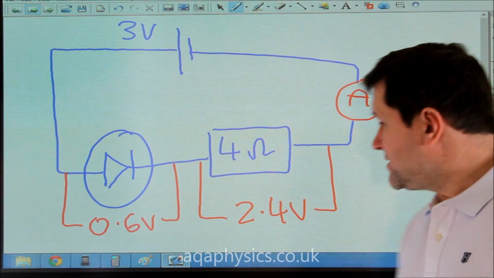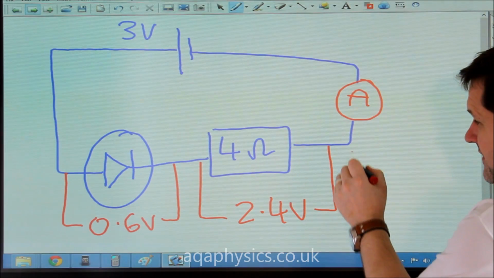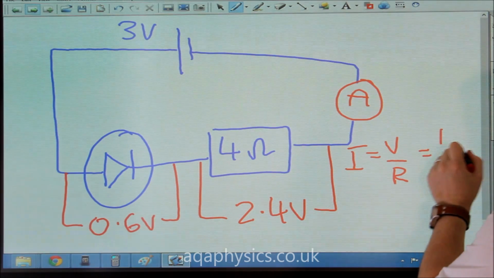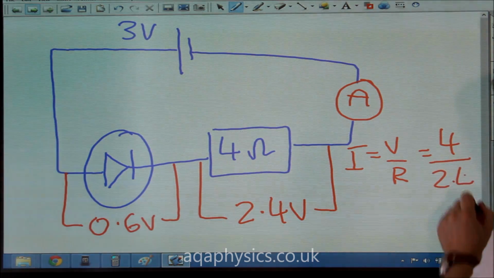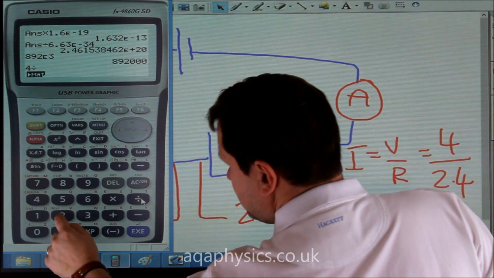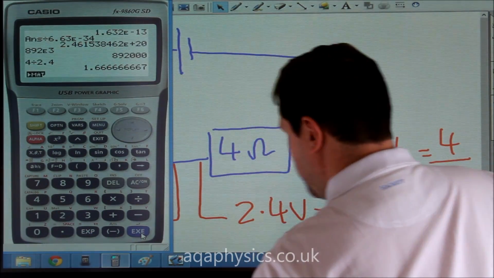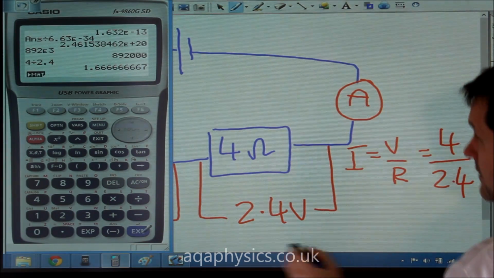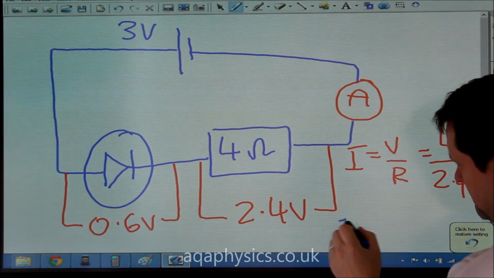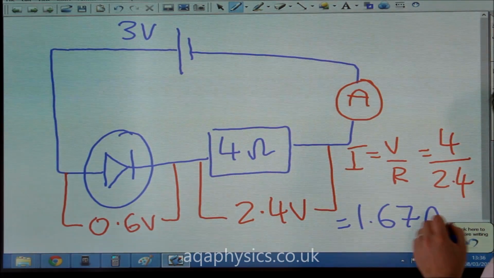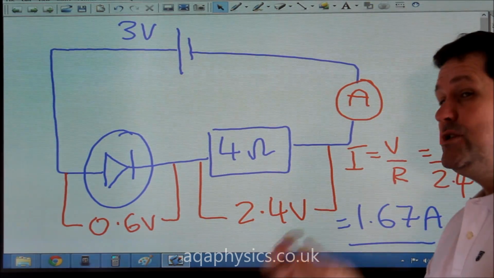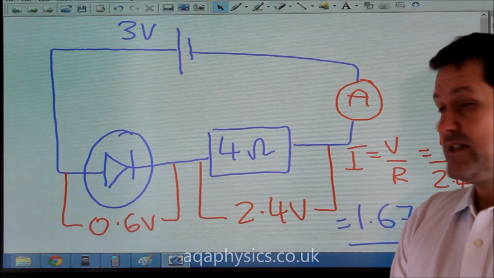So to work out the current, we would then simply say I is V over R, which is 2.4 over 4, which is 0.6 amps. Okay, so that's how you'd work it out. Now it's not what you would normally think if you didn't consider the diode.